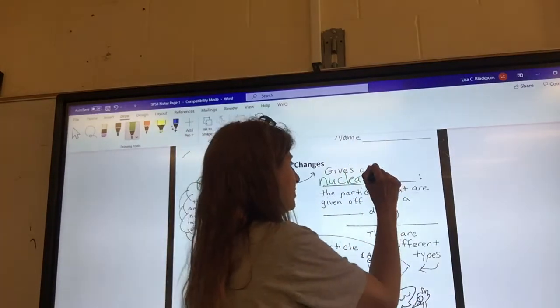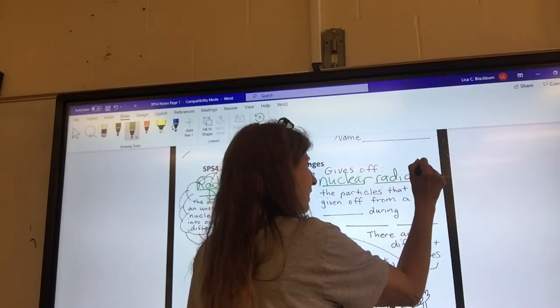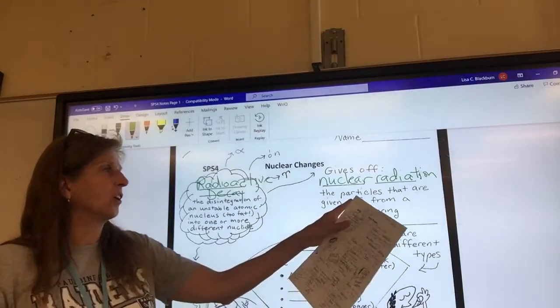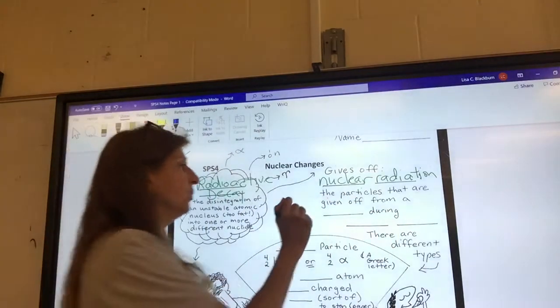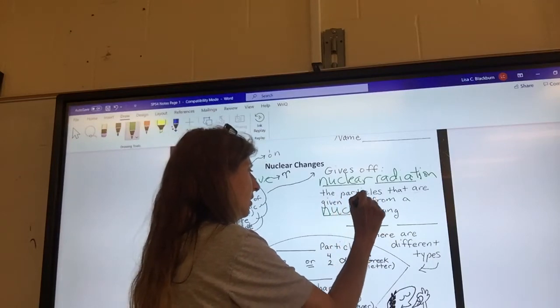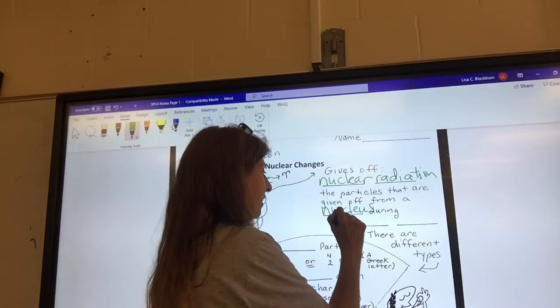Nuclear radiation is the particles that are given off from a nucleus. That's where they come from. It comes from the nucleus during radioactive decay.